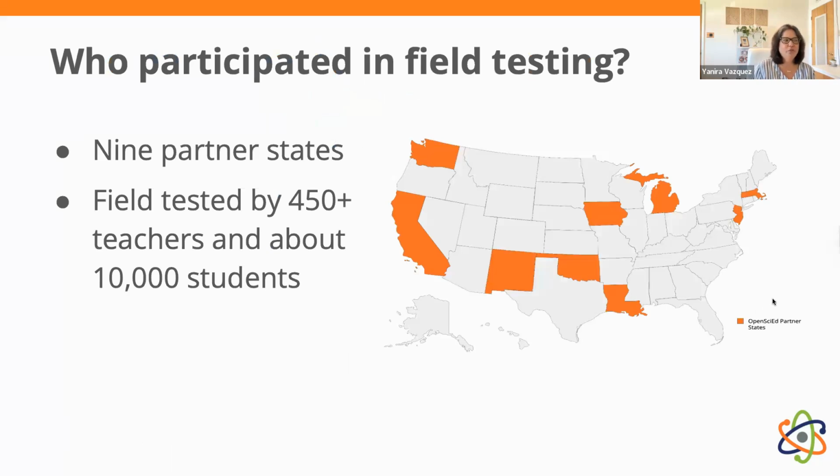In case you don't know, we field tested these units with 9 partner states with over 450 teachers, and those teachers helped us get data from around 10,000 students. So lots of folks lent us their voices to help us make these units as wonderful as we could make them.